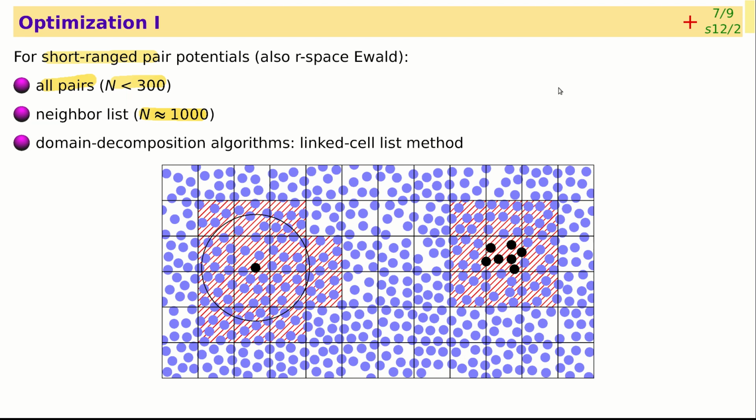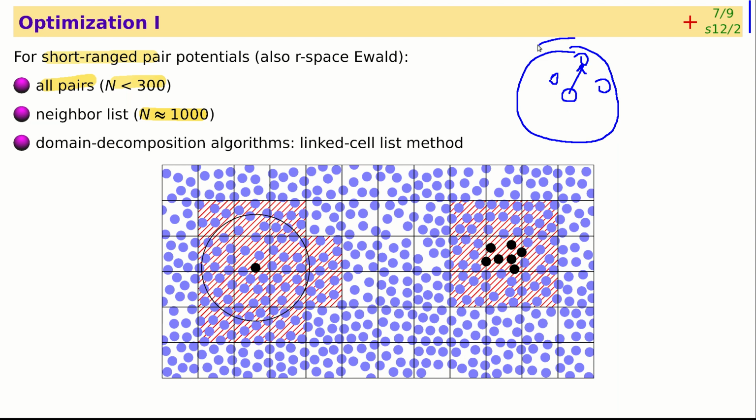It means that we have somewhere a molecule or an atom, and we have a list of all atoms which are within a certain distance, and we only check this list, or check molecules in this list, whether they interact.